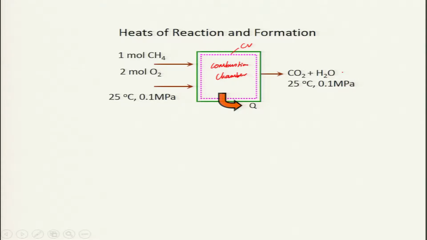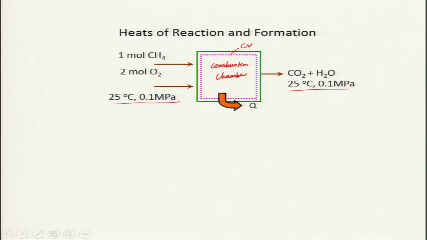And keep in mind that it is entering at 25 degrees Celsius and 0.1 megapascal in this example, and it is also leaving at the same temperature and same pressure, and the certain amount of heat released here you can find out, that is Q.